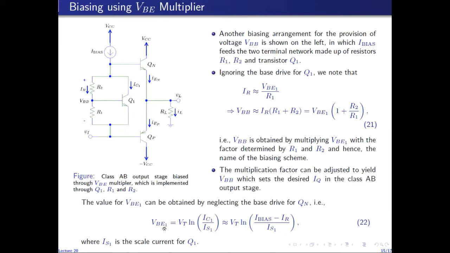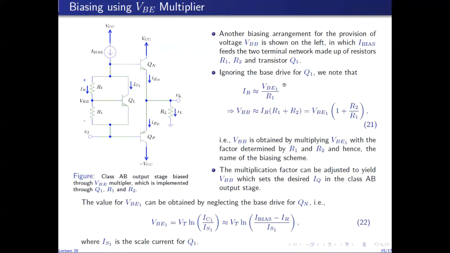So the difference in the value of VBE1 obtained by this approximation is not that significant, because of the logarithmic dependence of VBE on IC. If you recall, a logarithmic dependence goes like this.